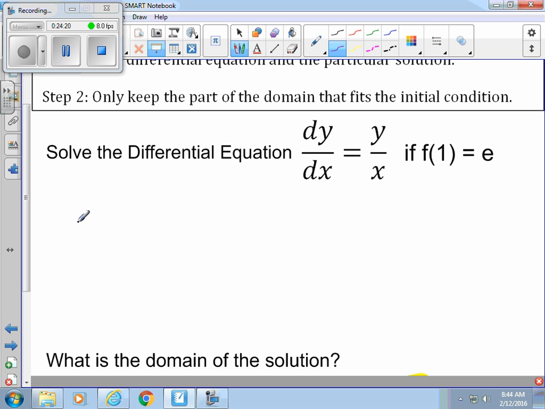What do I do first? Yep, separate the variables. I need all the y's with the dy and all the x's with the dx. So if I just cross multiply, does that get me there on this one? No. What do I need to do?